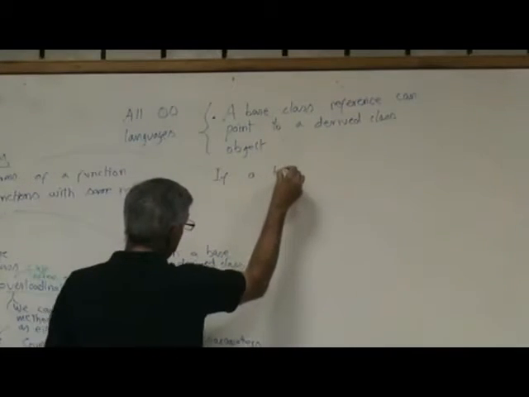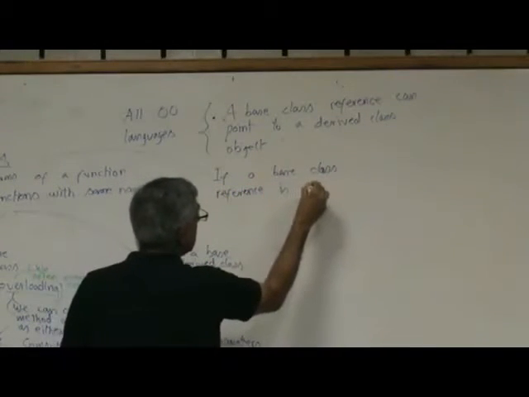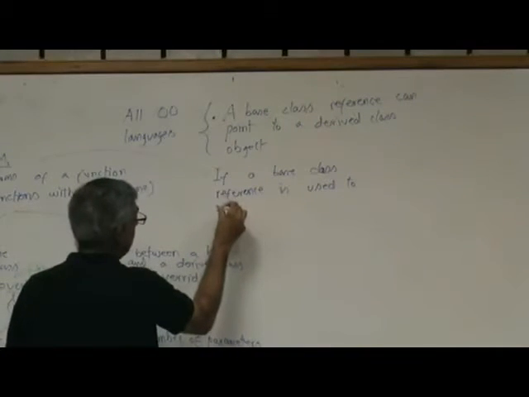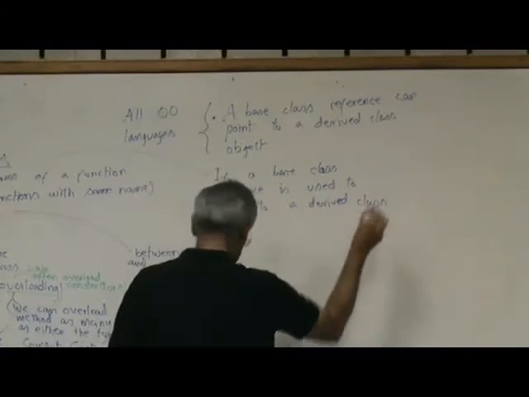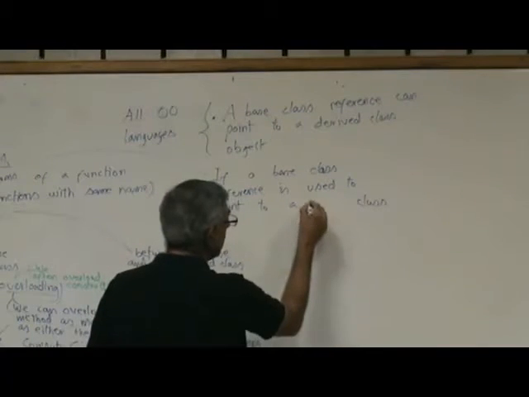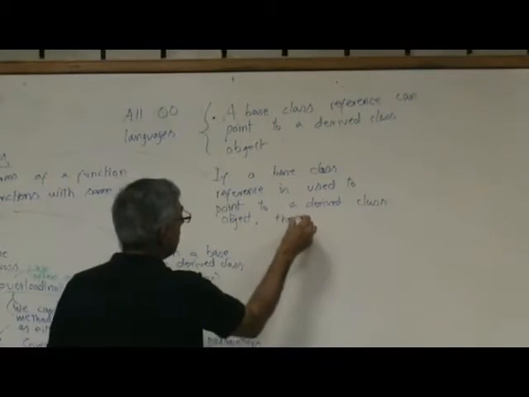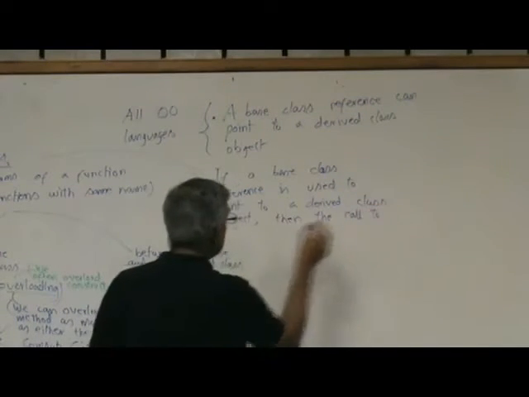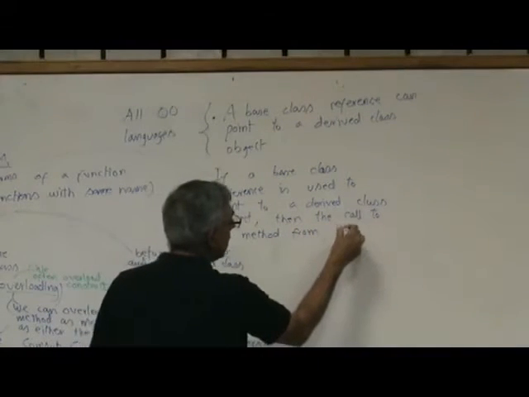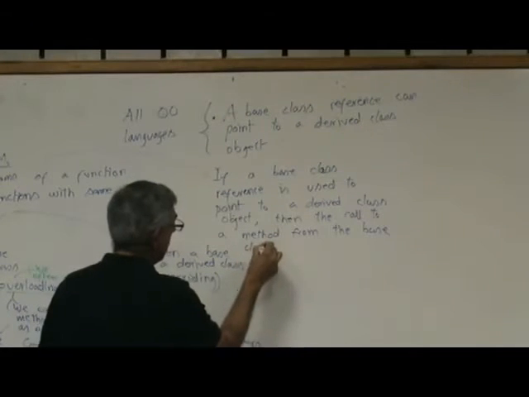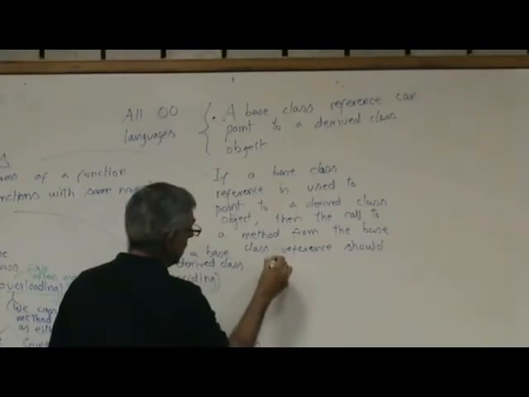If a base class reference is used to point to a derived class object, then the call to a method from the base class reference should execute correctly.